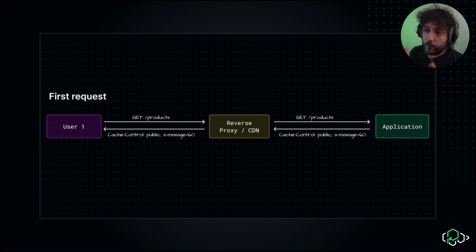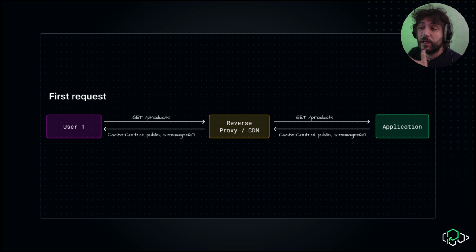How does it work? Well, the user does a GET of some product listing, and then a proxy or CDN forwards that request to your application. That application returns some instruction for the cache to keep that data alive for a long time. For example, it can say s-maxage=60, which means 60 seconds.